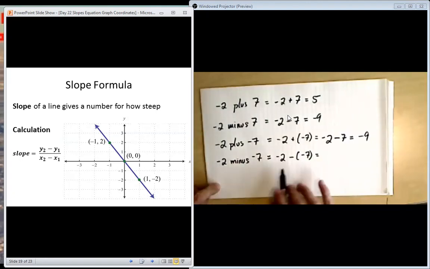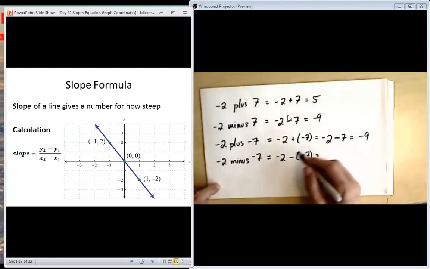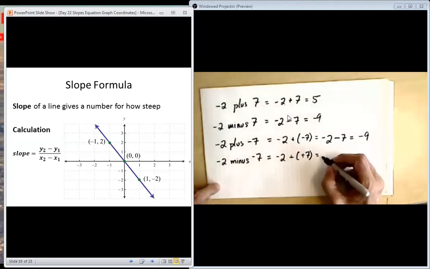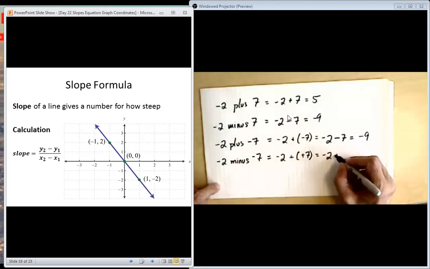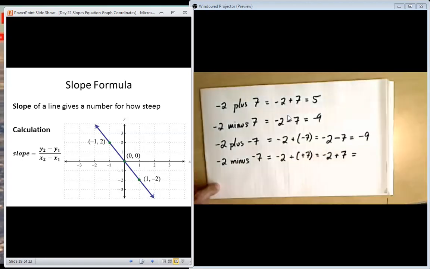And then because you're subtracting a negative, those are now added. And it goes back to our very first question. -2 plus 7 then, right? 5. So slopes are easy except for this, eh?